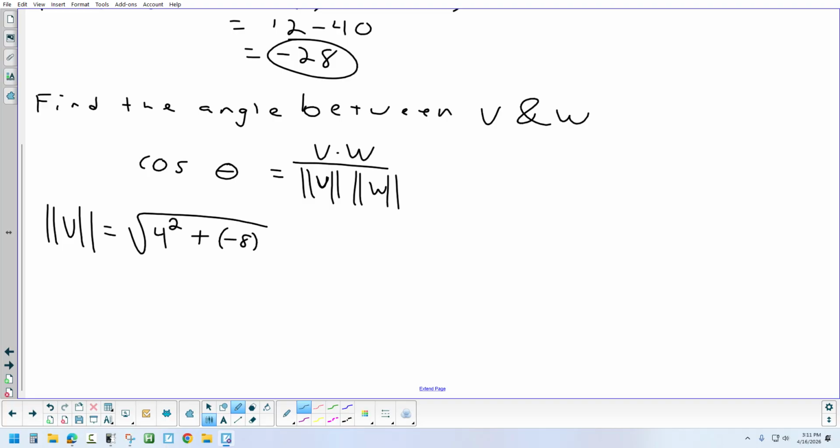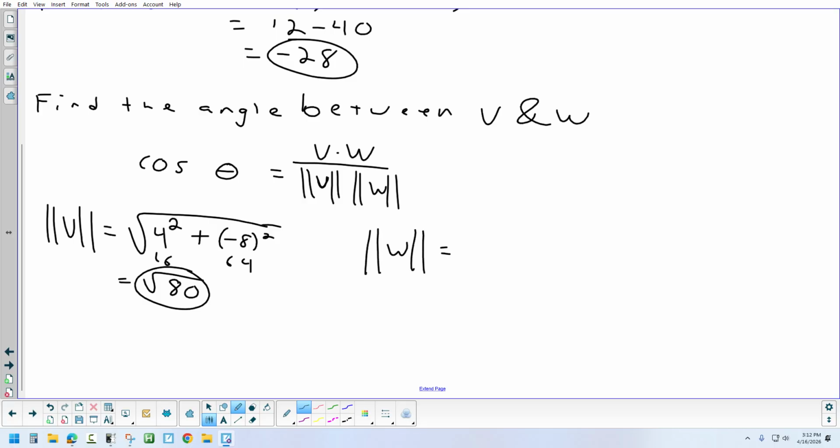Yep. And that's going to give us 16 plus 64, which is 80. So that's the magnitude. Now that I could reduce, but I'm not worried about reducing it because it's not a final answer to a problem. It's something I'm going to plug into a formula. So we got the magnitude of V.